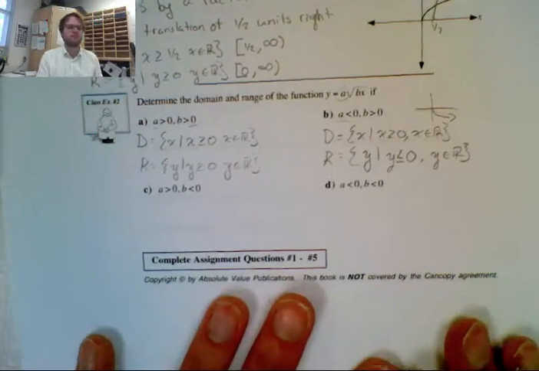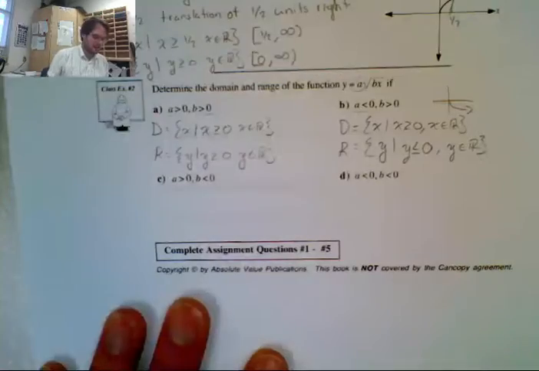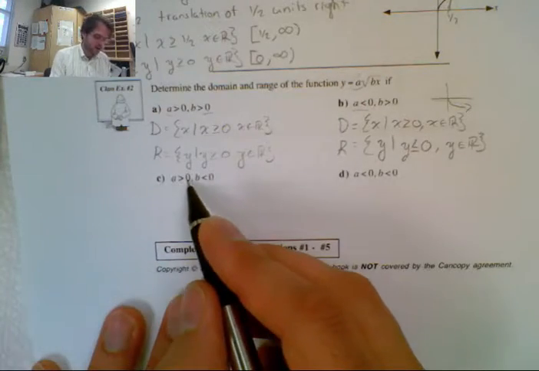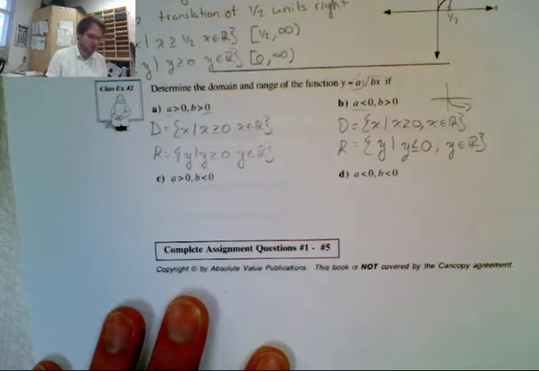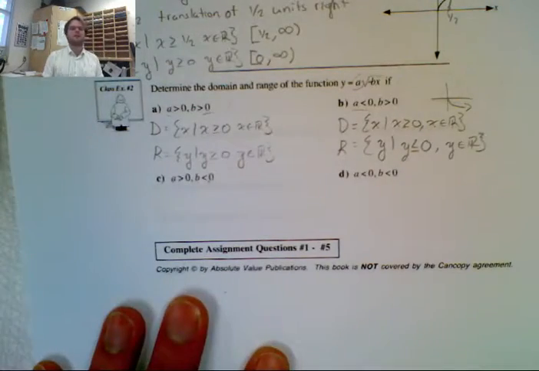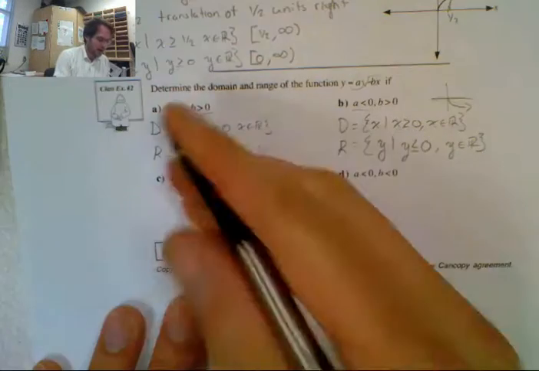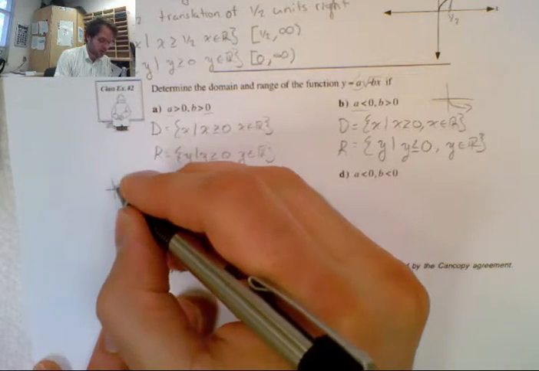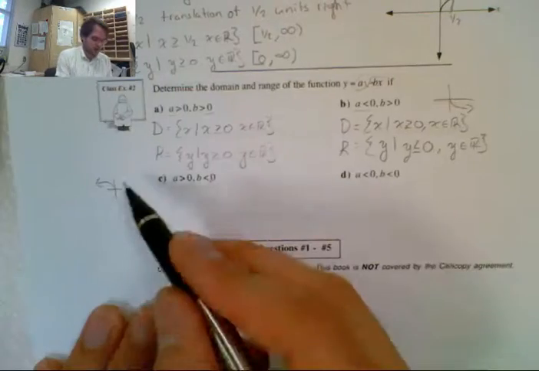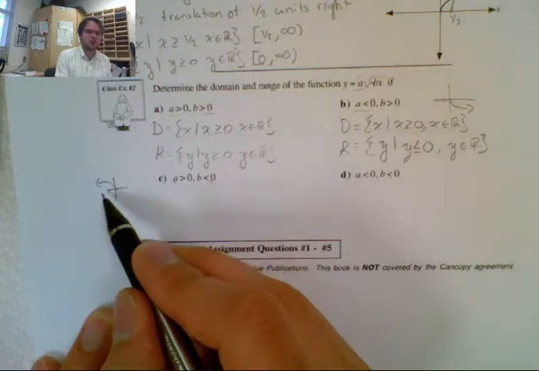Okay, so now we're going to look at C. Okay, so this one here is saying a is greater than 0, so my a is positive, but my b is negative. So if I look at that, my b is negative, we have a reflection in the y-axis. So this one's going to look something like this. Okay, so if I look at that, we have a reflection in my y-axis.